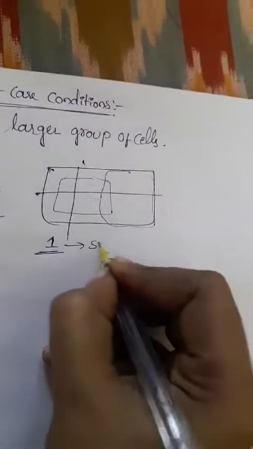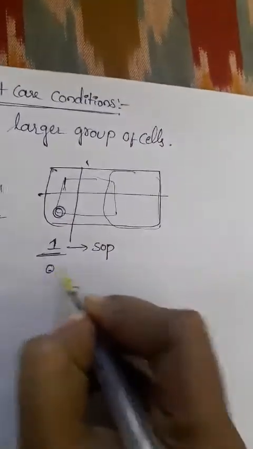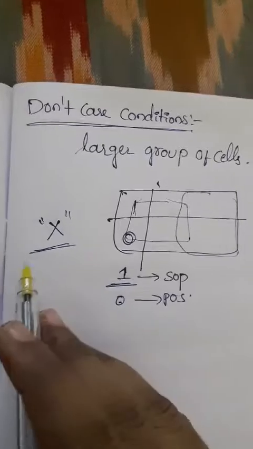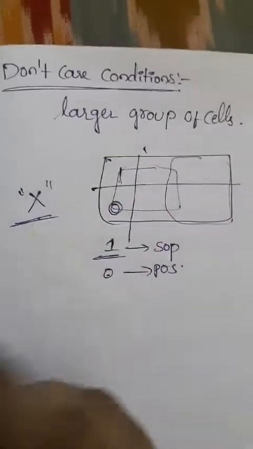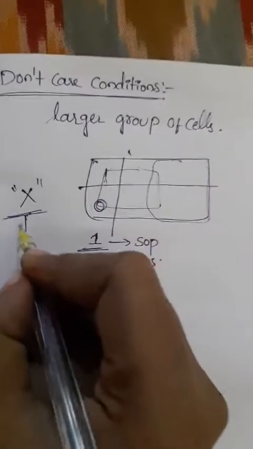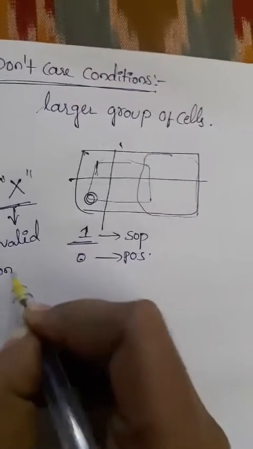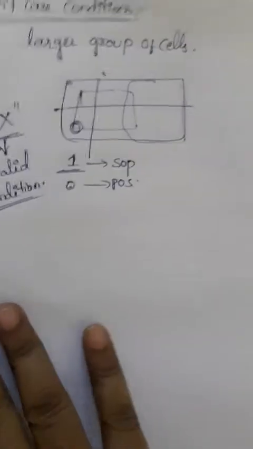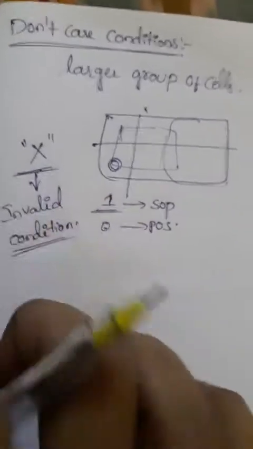For SOP we indicate 1 in the cell, and for POS expression we indicate 0, right? Like this way, for don't care condition the cell is represented by a cross in K-maps. What is the meaning of this? It is an invalid condition, and we mention it with a cross.